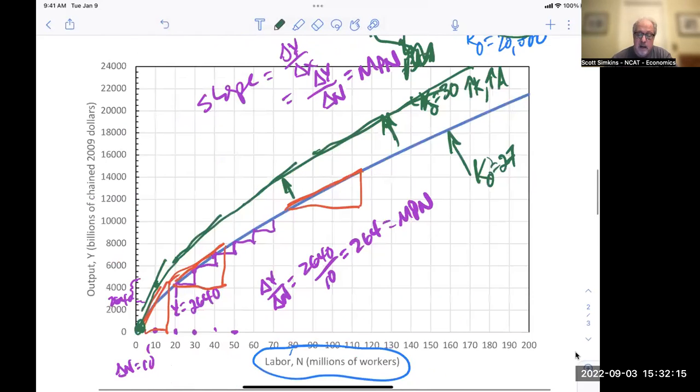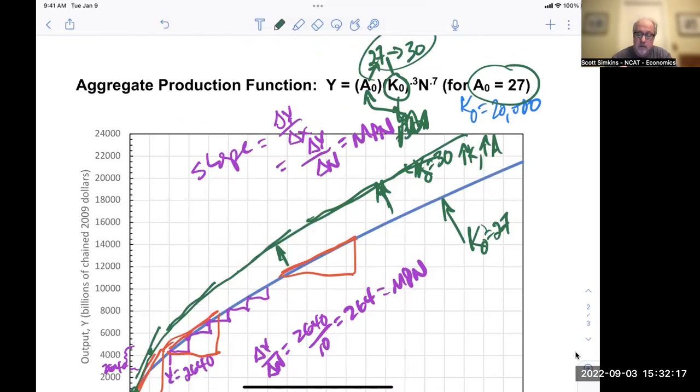If we change A or K in this production function, we just hold them constant. But if they change to a new constant level, they stay the same for all different levels of N. In other words, if workers have better technology to work with, that would be a change in A, or they have more capital to work with, then that is going to shift the production function up.